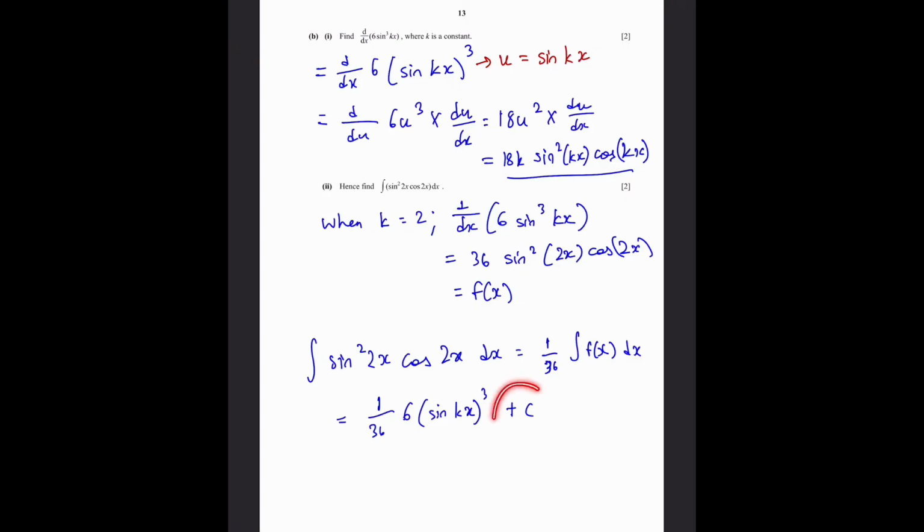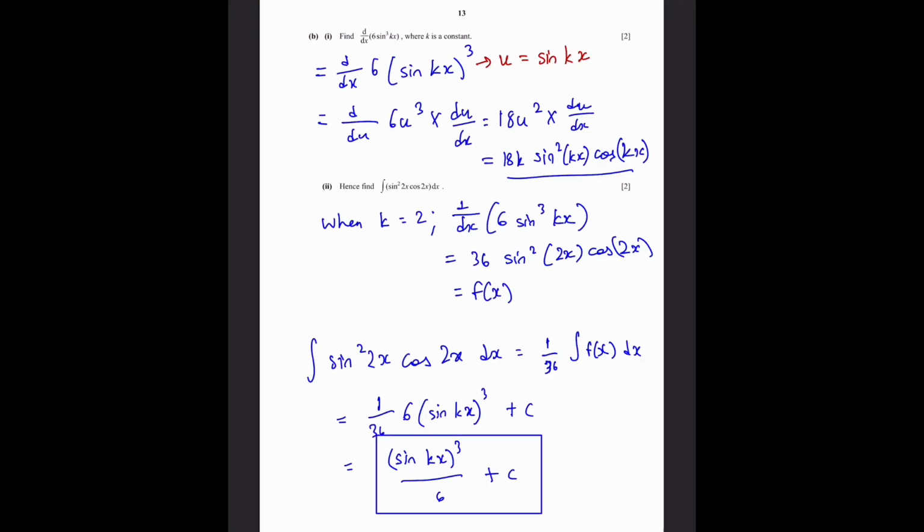If you differentiate this c will just become 0, so it won't affect the answer. That's why we add a c, because we do not know what that constant is. That's simply going to be sine of kx the whole cubed divided by 6 plus c, because 1 by 36 times 6 is just 6 by 36, and we can cancel to 1 by 6. 1 by 6 times this plus c is our final answer.